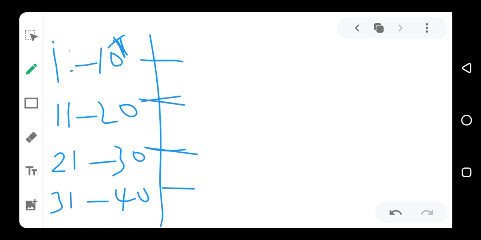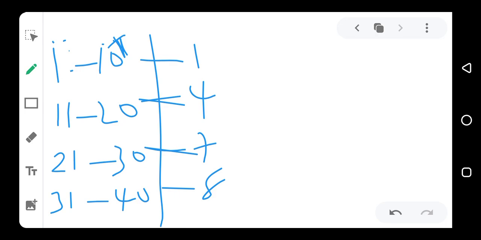And if you're asked to get the class mark, you add the lower class limit and upper class limit, and then you divide it by 2. Then if you're asked to get the cumulative frequencies, maybe they have frequencies of 1, 4, 7, 8.